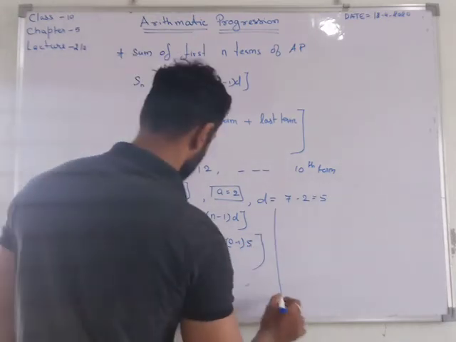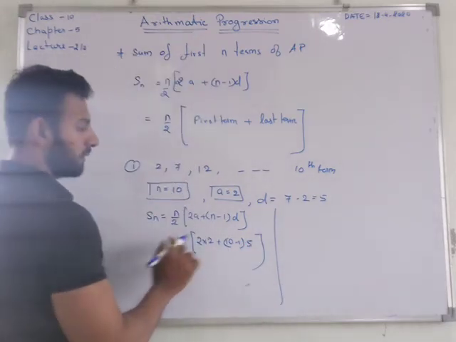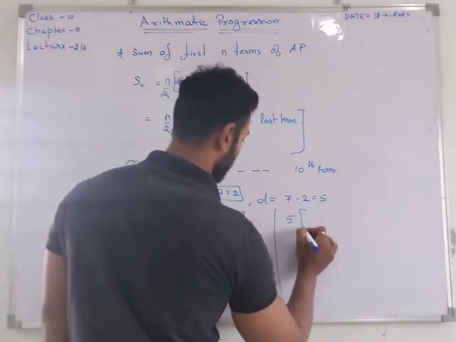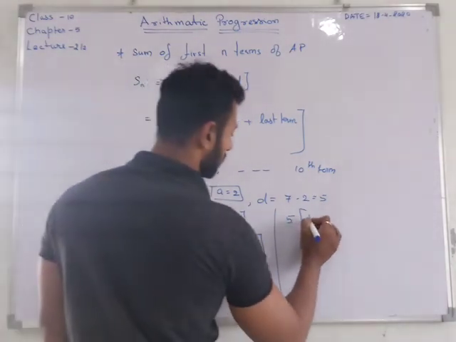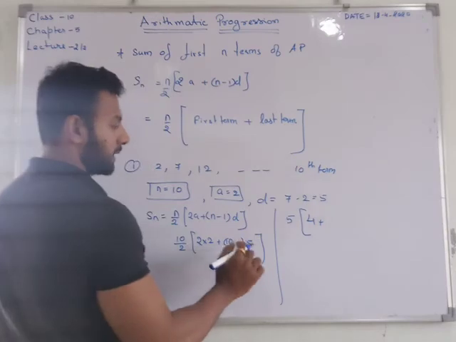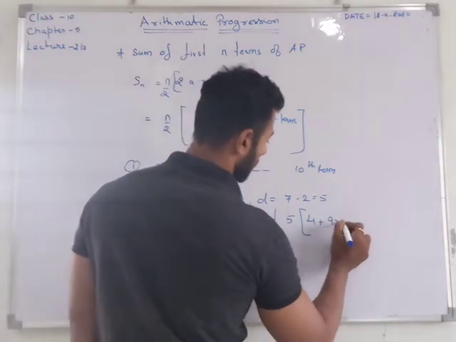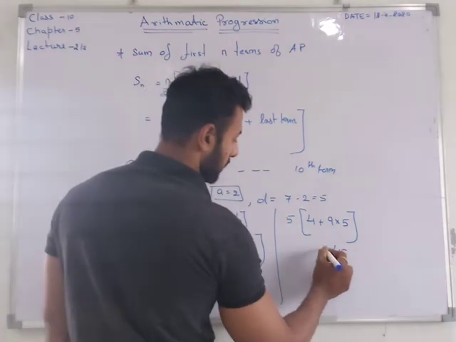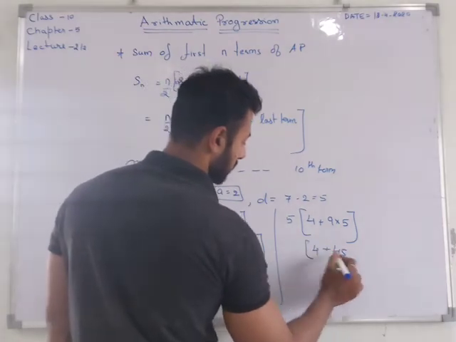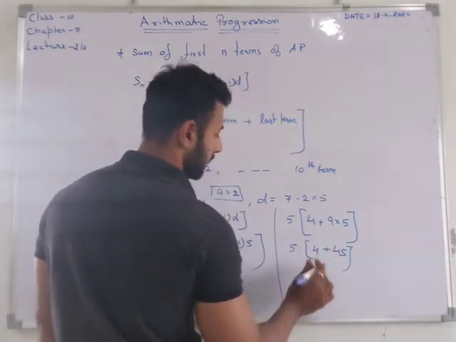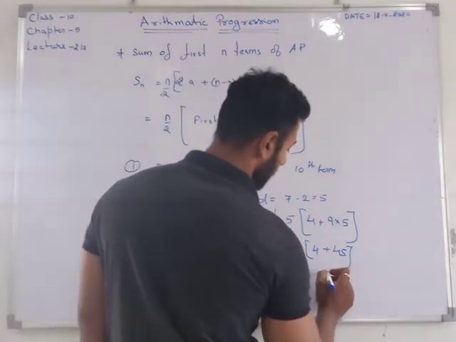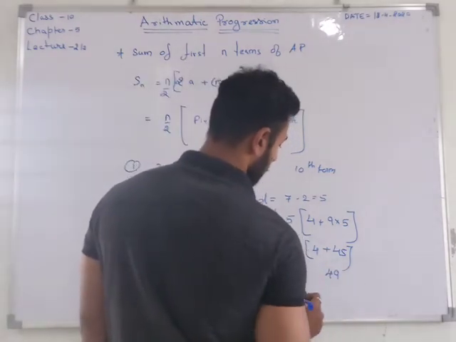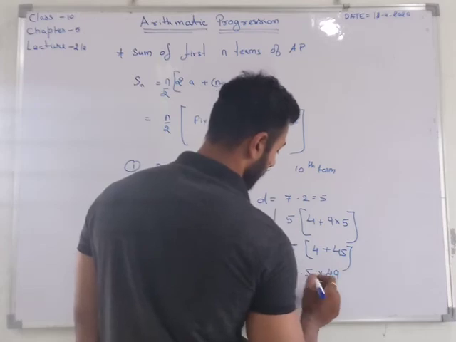Solving this, 10 by 2 will be 5. 2 into 2 is 4, and 10 minus 1 is 9, into 5 is 45. 4 plus 45 will be 49, into 5.